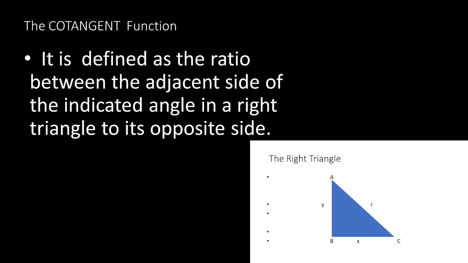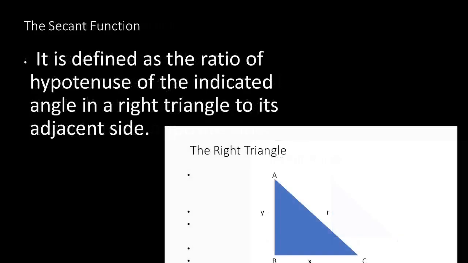After that we come to the secant function. The secant function is defined as the ratio of the hypotenuse of the indicated angle in a right triangle to its adjacent side.